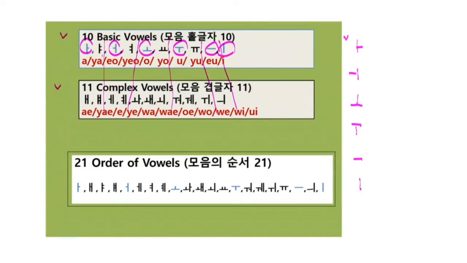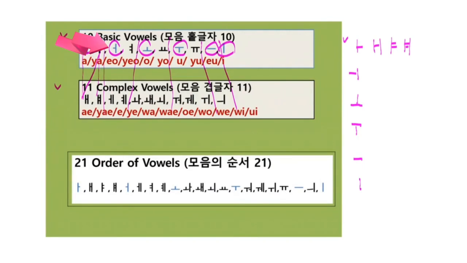What is the next order of combining? Did you find it? Okay. A, E, Ya, Ye. Okay. Good. A, E, Ya, Ye. Okay. Next.